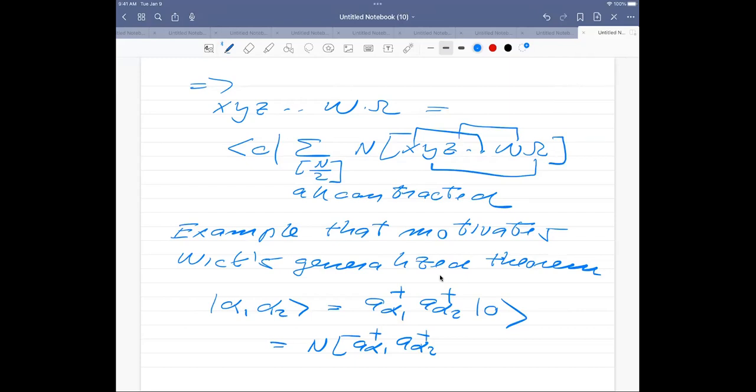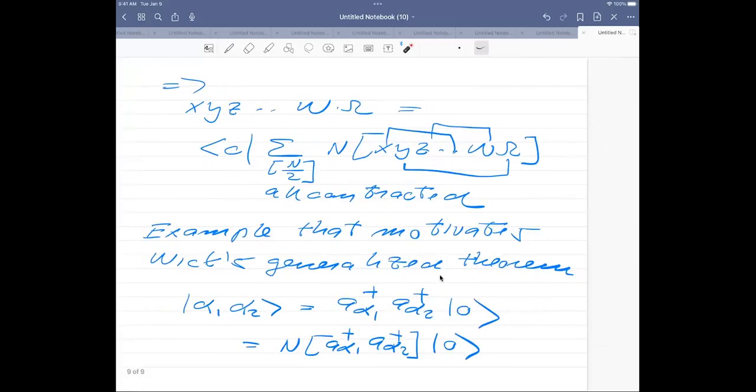Because the example which we had here, this means that we actually are calculating an expectation value. But the way I'm writing it here has a different meaning. What I'm simply saying is that these operators are now being normal ordered. And I will skip this kind of strange notation, but you can think of this as already being in a normal ordered form. Because we have all the creation operators, so you could actually claim that this is a normal ordered chain of operators, since we only have creation operators.